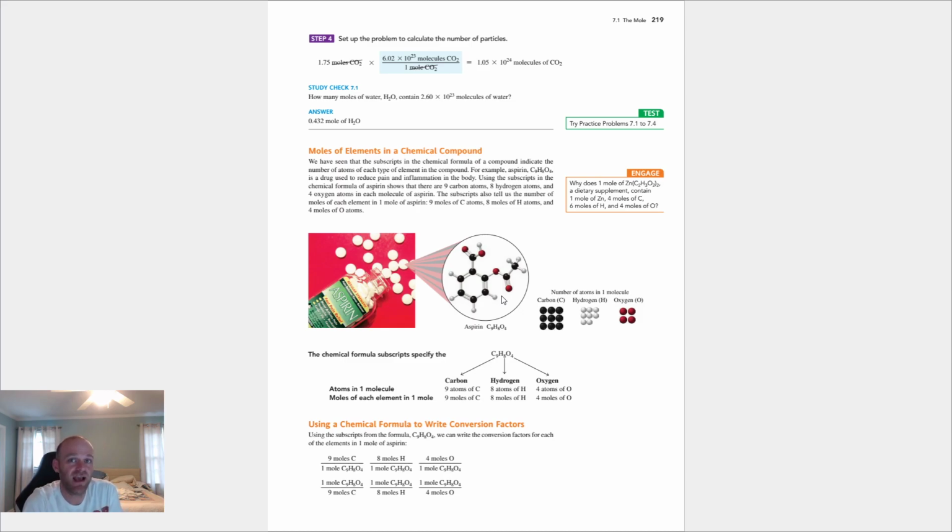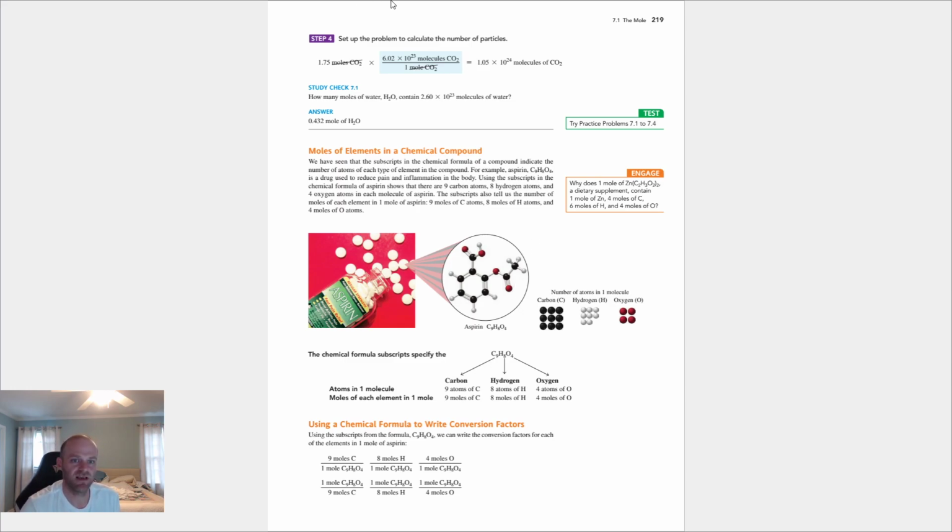If I were going to say I have 1 mole of aspirin, I'd have 6.02 times 10 to the power 23 aspirin. All right, but if I were talking about the number of carbon atoms in there, it'd be 6.02 times 10 to the 23 times 9.